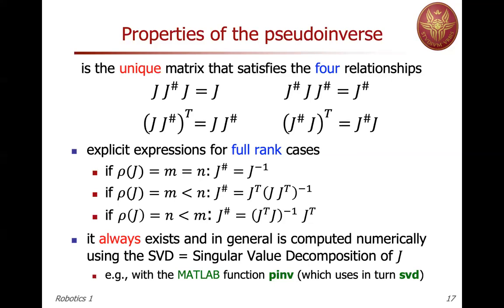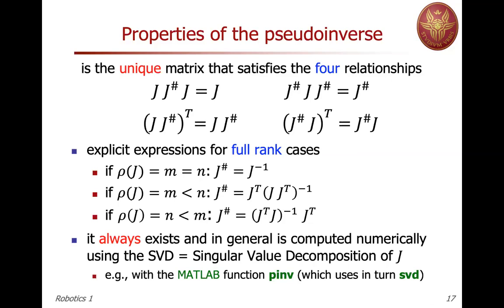So you have to use the singular value decomposition of the J matrix and then do some operations. We will not go into this detail, but please know that the singular value decomposition is an instruction in MATLAB, for instance. So you can do the singular value decomposition of J and look at the minimum singular value, and this is a distance from the singularity. It's the one that I plotted in the previous slide.